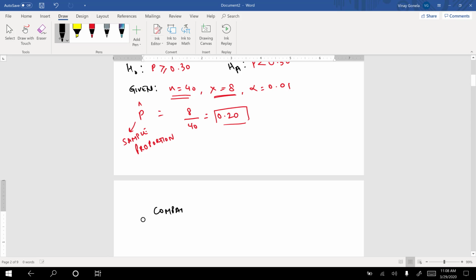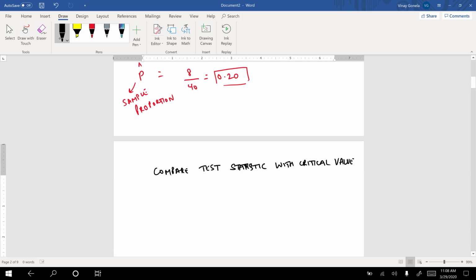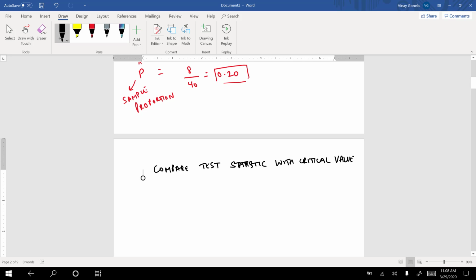Now the next step of hypothesis testing is to compare the test statistic with the critical value. This test statistic will be the same for one tail and two tails.